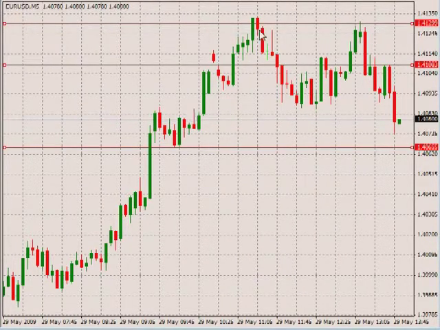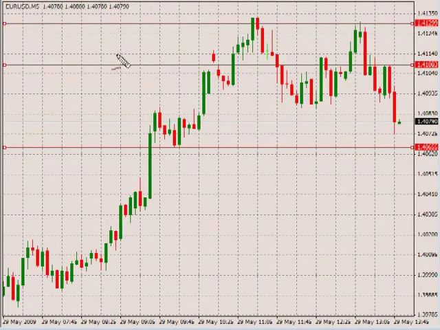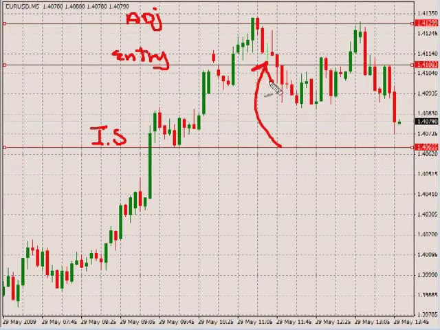Again, in this case here, if we looked at going ahead with this setup here, we've got our entry, we've got our initial stop, and we got our adjustment area where we're going to adjust this to break even. And again, that happens when it moves 1/2 the initial risk.